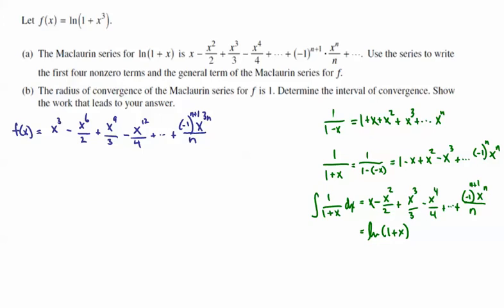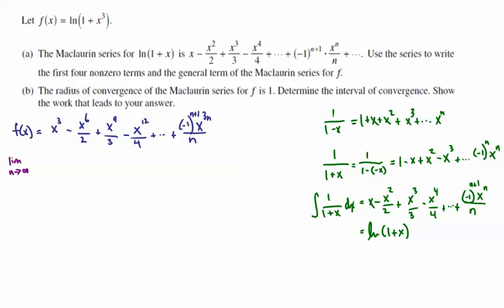Alright, so that's the first part. That is A. Now, the next thing we want to do is to find the interval of convergence, given that the radius of convergence of that Maclaurin series is 1, and to show the work that leads to our answer. So for an interval of convergence, we need to use the ratio test. That is the limit as n approaches infinity of the n plus first term.